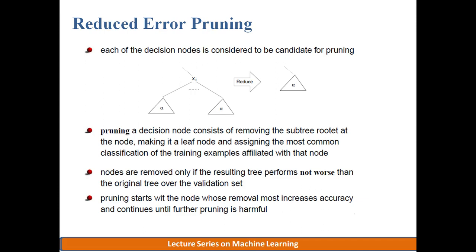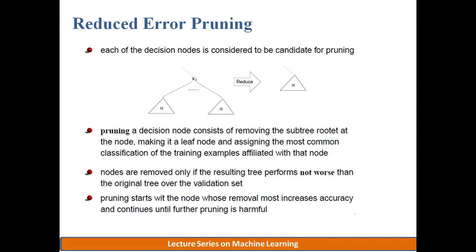This reduction has the effect that any leaf node added due to coincidental regularities in the training set is likely to be pruned, because these same coincidences are unlikely to occur in the validation set. The nodes are pruned iteratively, always choosing the node whose removal most increases the decision tree accuracy over the validation set. Pruning continues until further pruning is harmful, that is, it decreases the accuracy of the tree over the validation set.